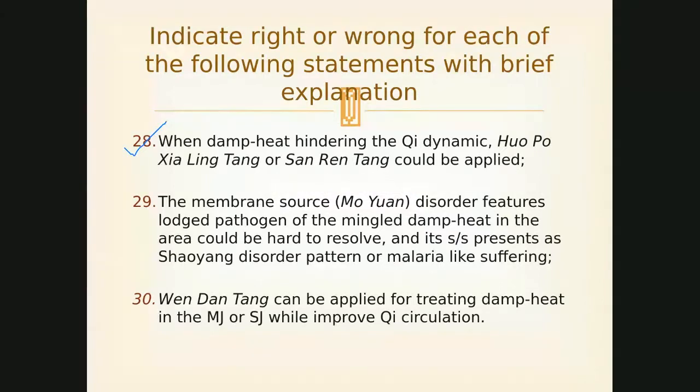Number 29, the membrane source or Mu Yuan disorder features lodged pathogens of mingled damp heat in an area where it is hard to resolve, and its signs present as a Shaoyang disorder pattern or malaria-like suffering.